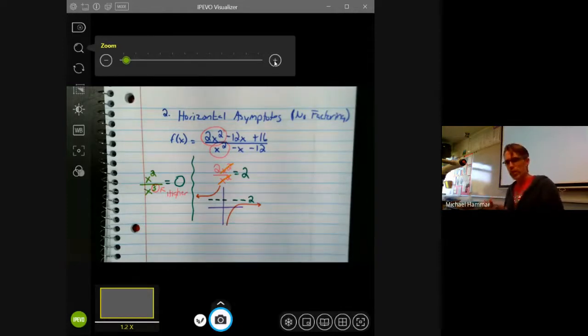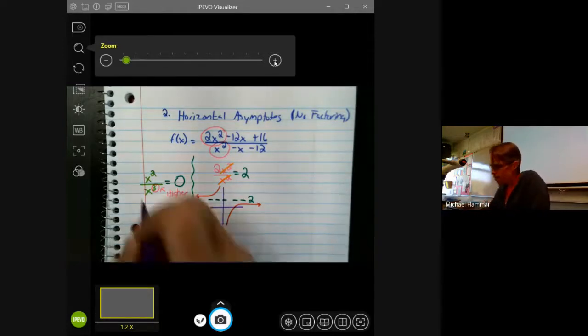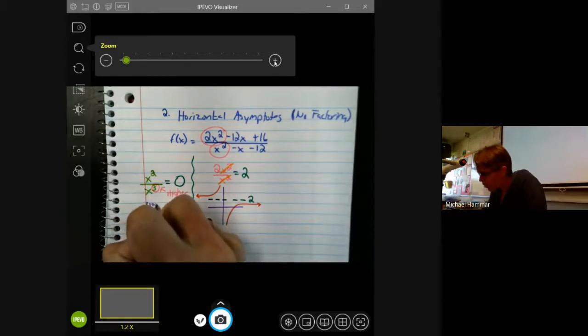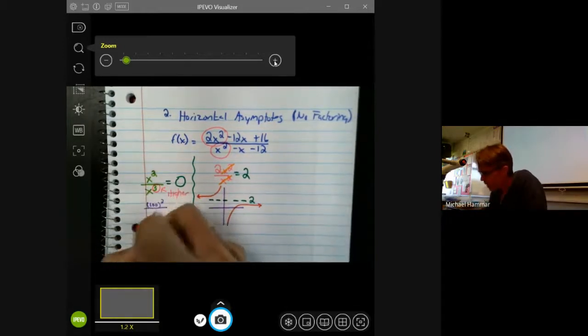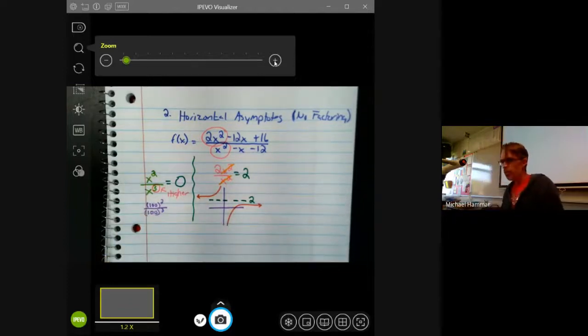I want you to think about this. Let's say I throw 100 in for x. If you have 100 squared, it's going to be 10,000. If you have 100 cubed, it's going to be a lot bigger than that.